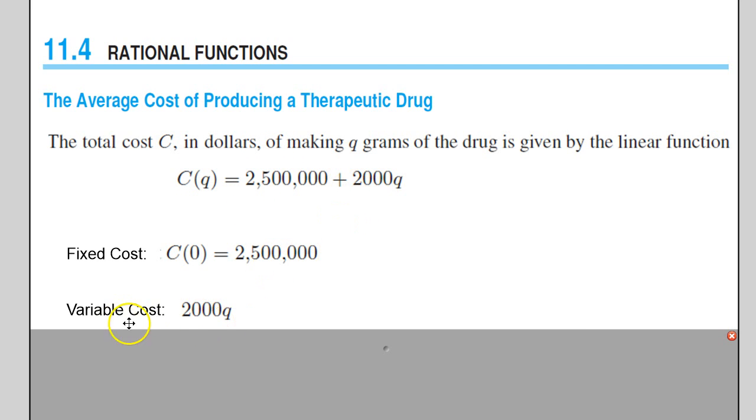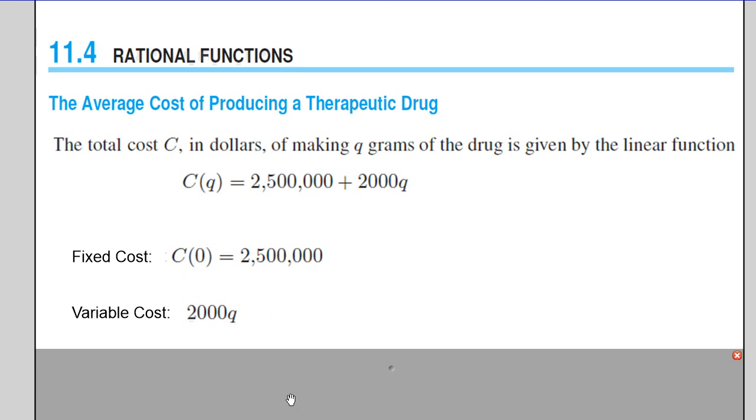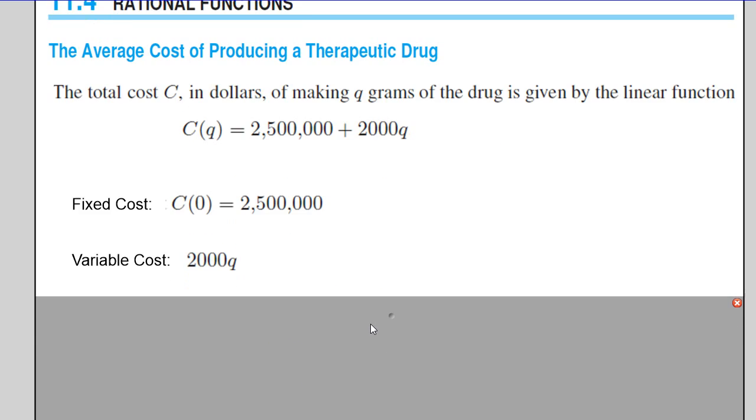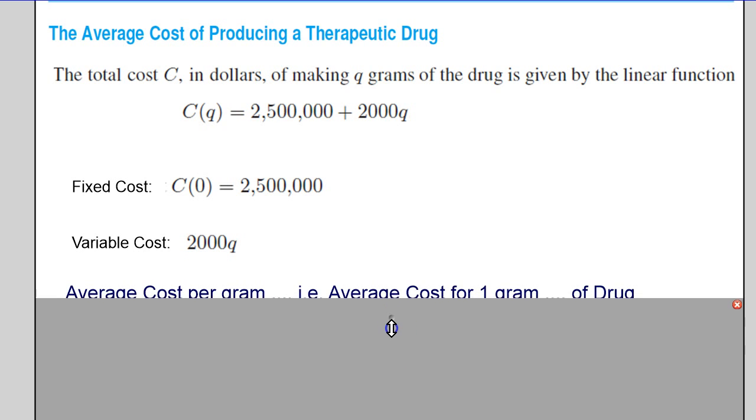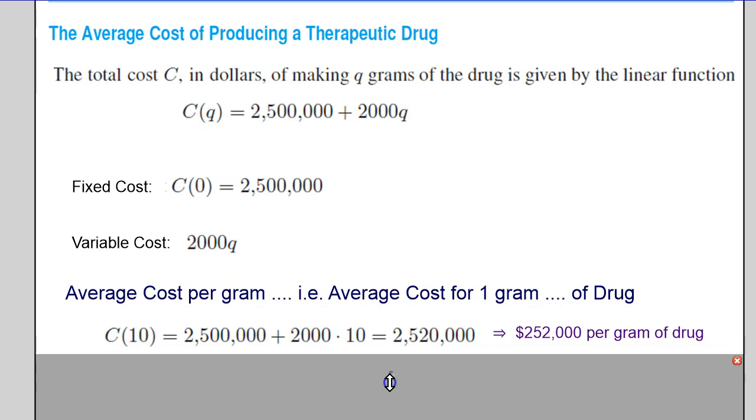And then we have a variable cost, which varies depending on the quantity. In this case, we have a cost of $2,000 to produce 1 gram of the drug. So what we want to look at now is the actual average cost, including the variable cost and the fixed cost. So that's average cost per gram.